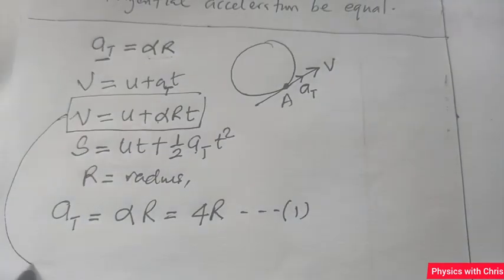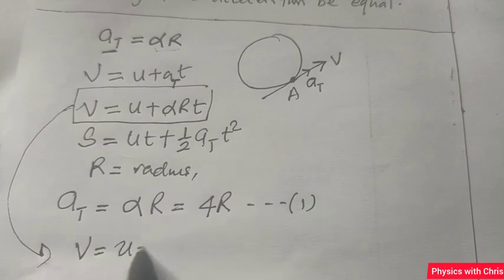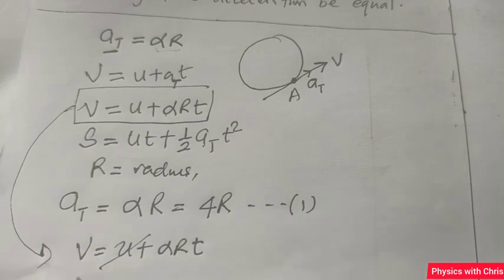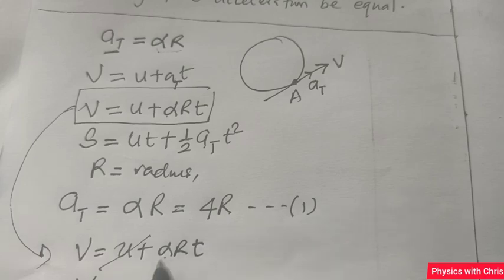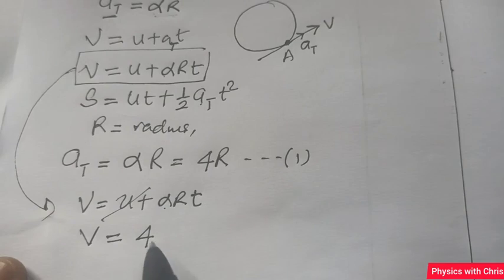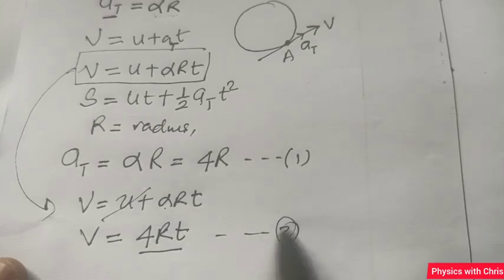From the first equation of motion, I have v equals u plus alpha r times t. Okay, so this u is 0 because the body actually started from rest. So my v equals, what's my angular acceleration? That is 4 times radius times t. This is my v. I can set this as equation 2.